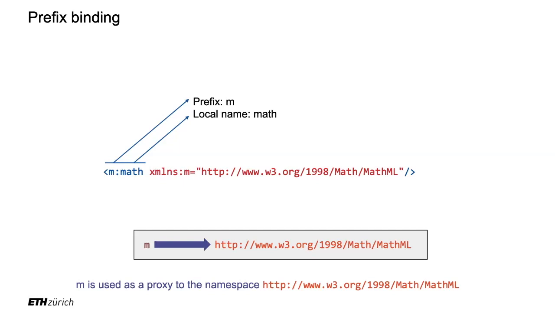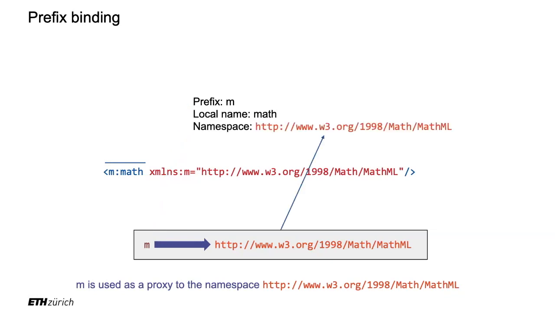Right, so now I'm giving you more terminology. M is called the prefix. Math on the right of the colon is called the local name, right? It's like the first name of a person. And I'm binding the prefix M to the namespace MathML, meaning that this m:math element name automatically gets the namespace associated with it, right?